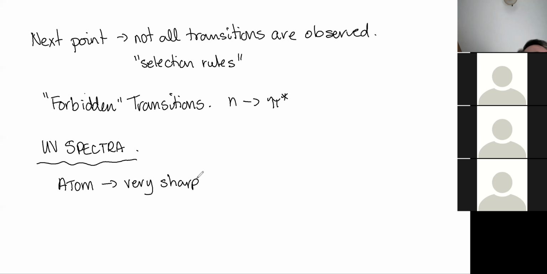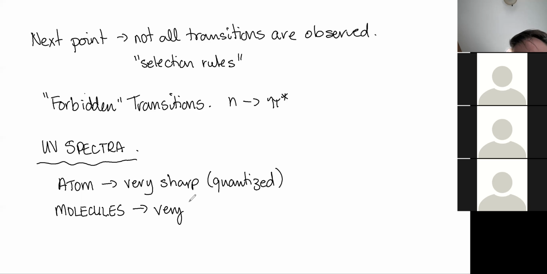And so it's basically quantized really nicely. So it's going to be sharp. But with molecules, which is what we're dealing with, it won't be sharp at all. You'd have a very broad spectra, very broad.